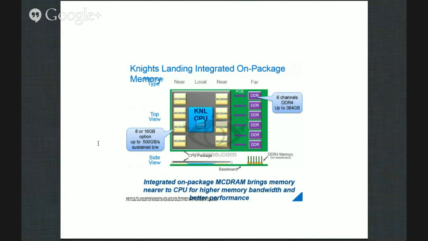So it's DDR4 based memory, and they try to include more memory nearer to the CPUs to improve the communication and to improve the bandwidth as well. So that's all.